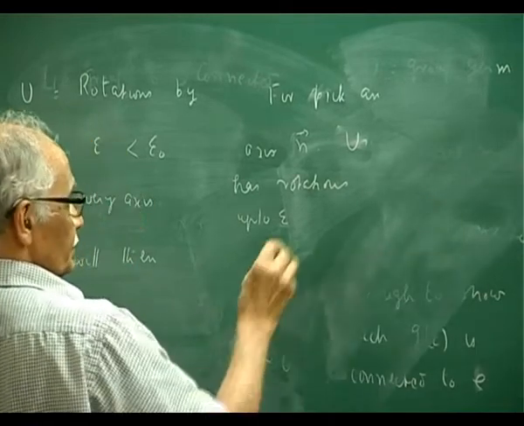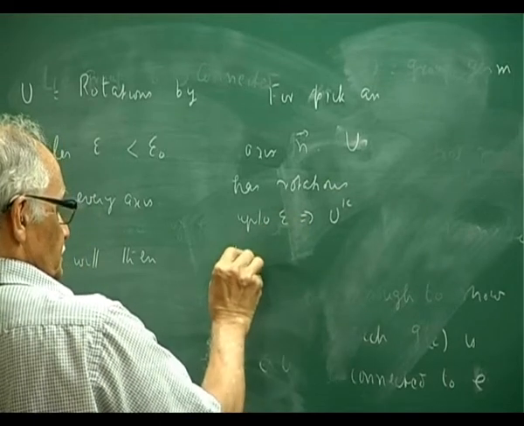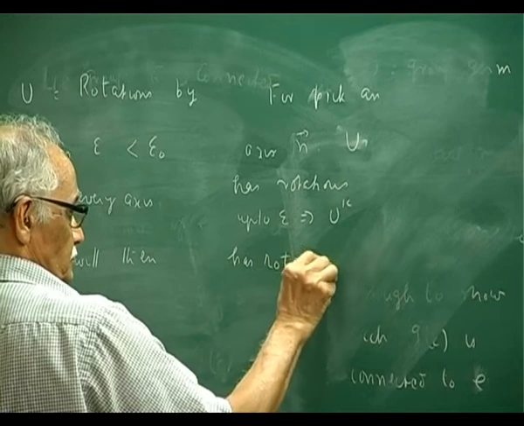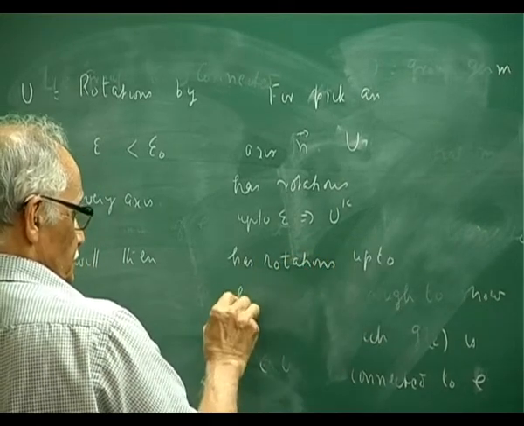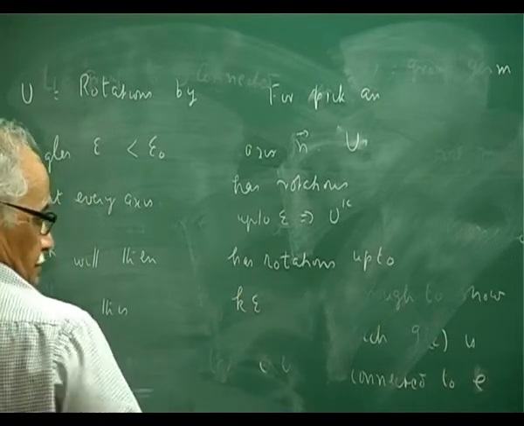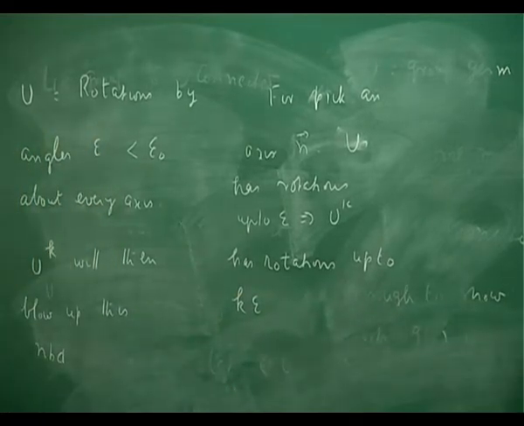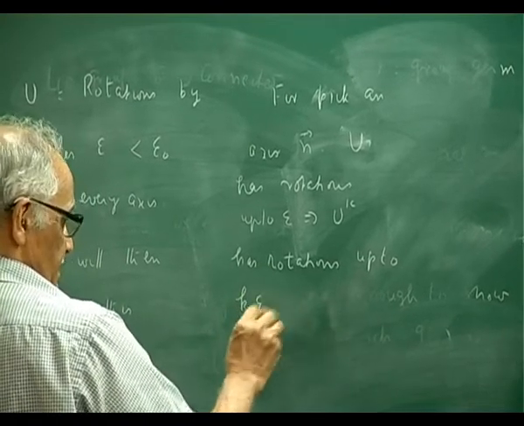So clearly U squared, U to the k has rotations up to k epsilon. So you will go to the boundary, and then you choose all axes.